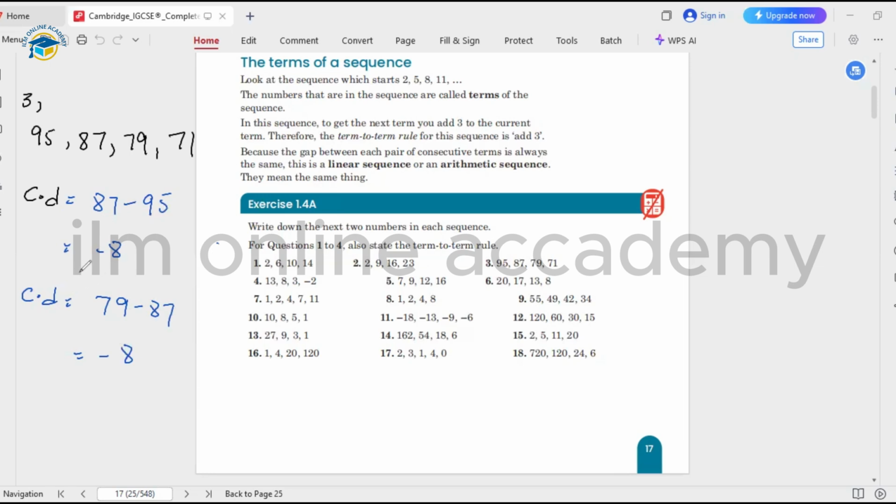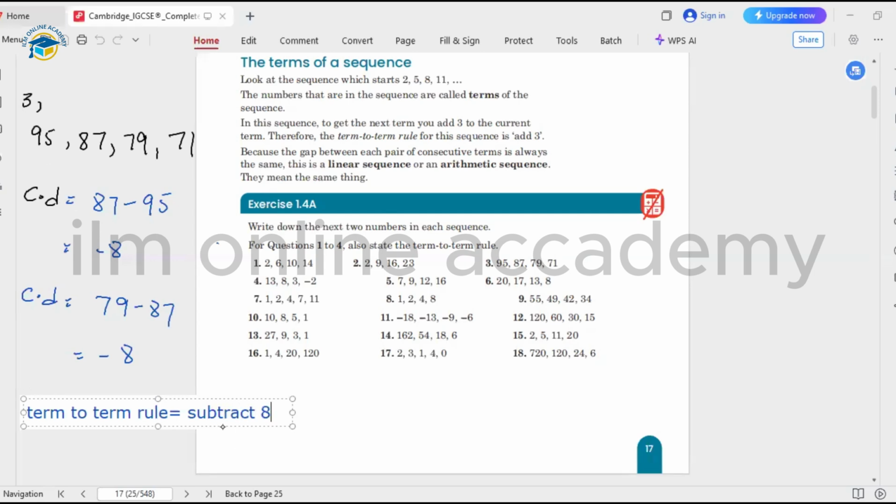It means that to get the next term each time we just subtract 8, because we have a negative common difference. So the term to term rule will be subtract 8.